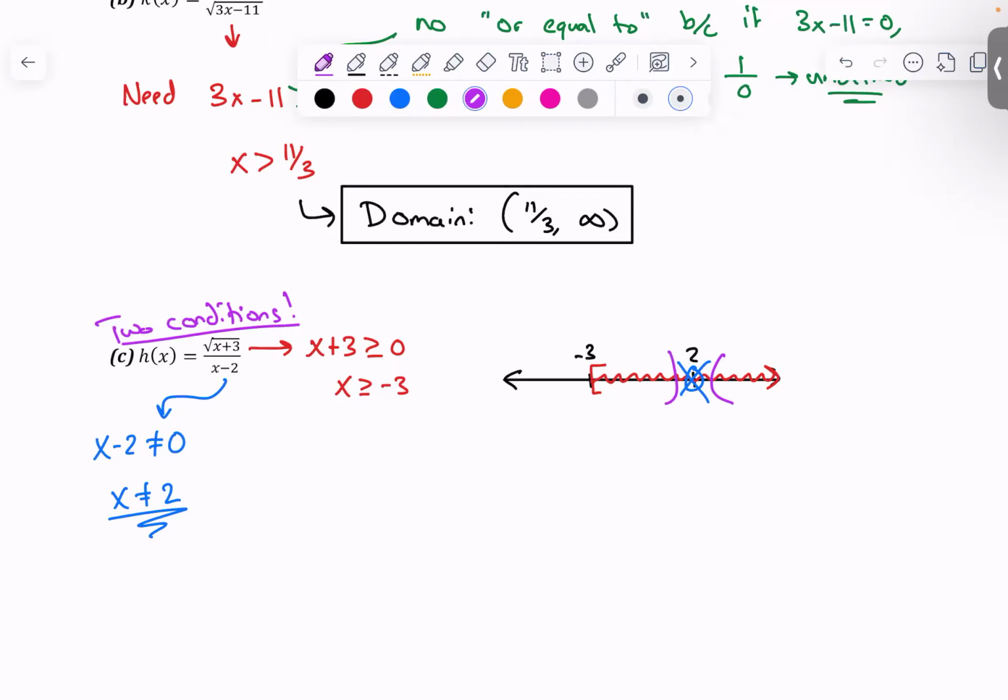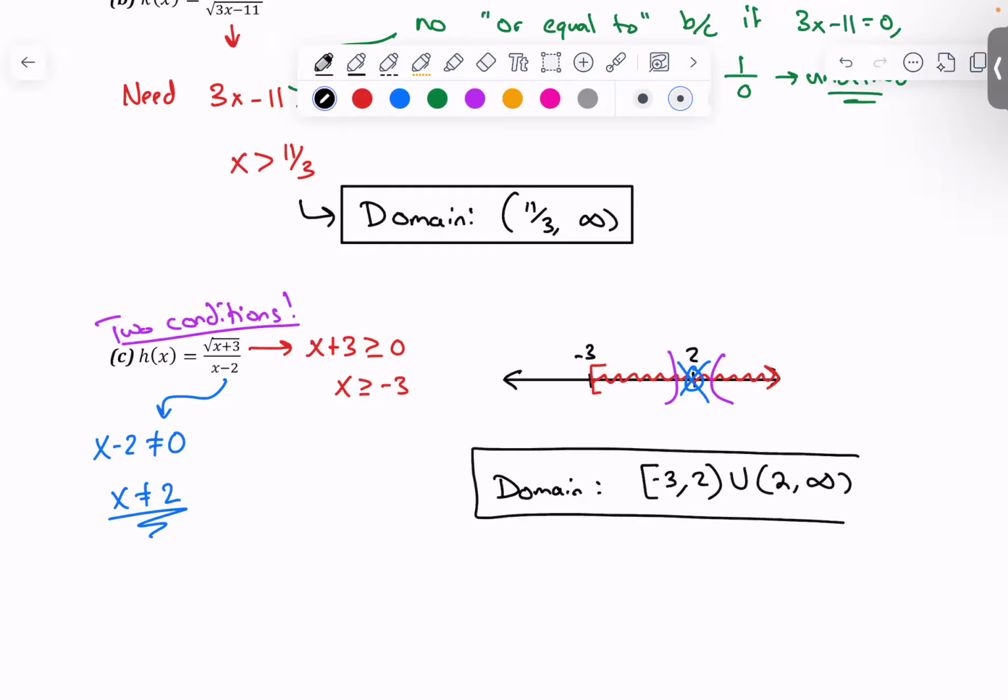So looking at this, and writing it not on a number line but in interval notation, the domain would be the interval from -3 to 2, including -3 but not 2, union the interval from 2 to positive infinity, not including 2.